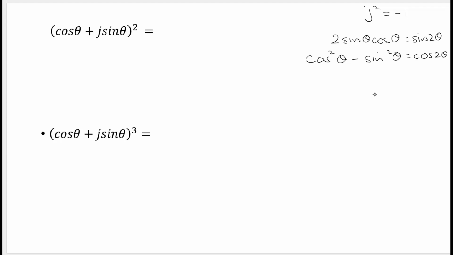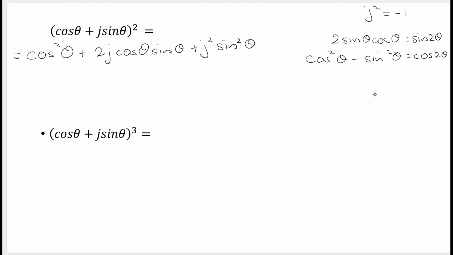We are going to expand that bracket. We can either just do it normally by FOIL, or we can use Pascal's cheat sheet, so to speak, and we can write that as cos squared theta plus 2j cos theta sine theta plus j squared sine squared theta.